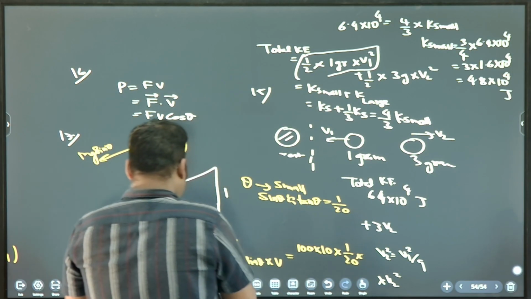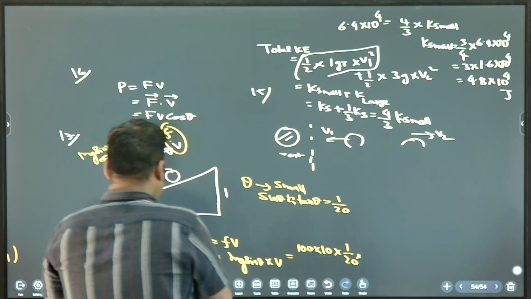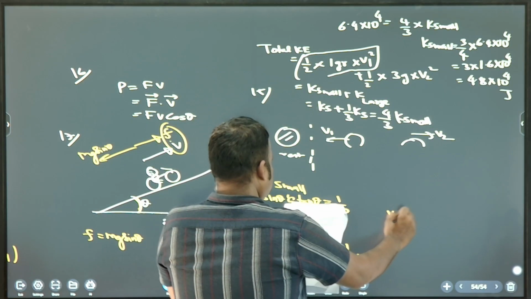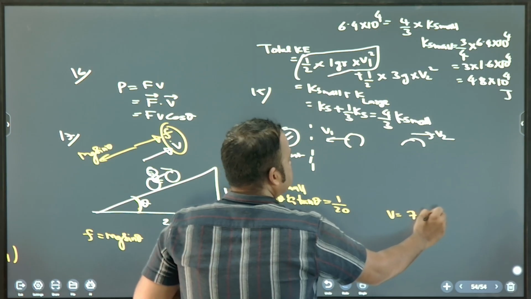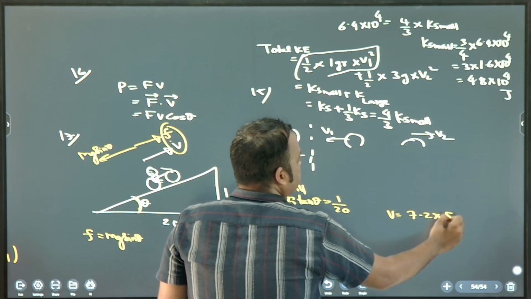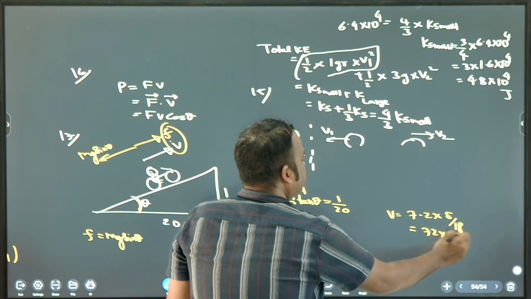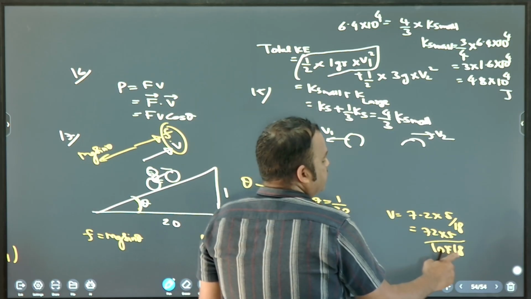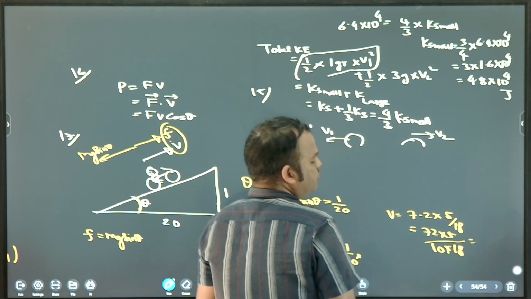And V you write in meter per second. What is V in meter per second? V is given 7.2 kilometer per hour. So 5 by 18. So 72 into 5 by 10 into 18. So 72 by 18 is how much? 4.